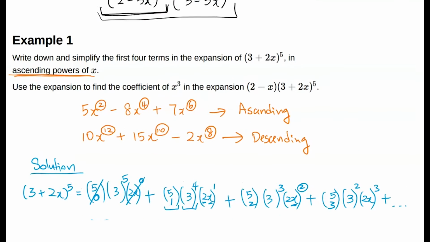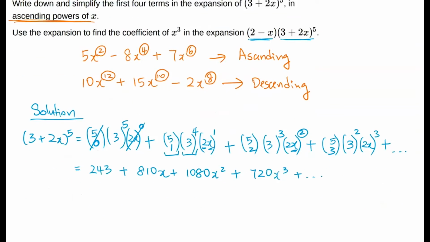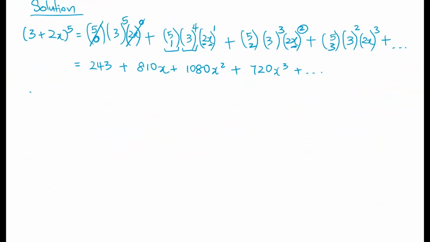Now the second part is what is new. You need to take this expansion and multiply it with 2 minus x. So we have 2 minus x and we need to multiply it with the expansion. Since we have already done the expansion in the first part, let me just update it.